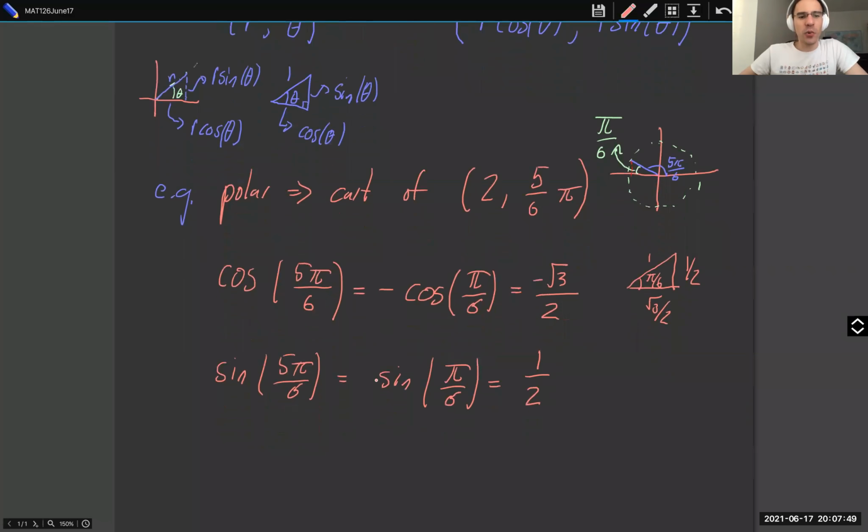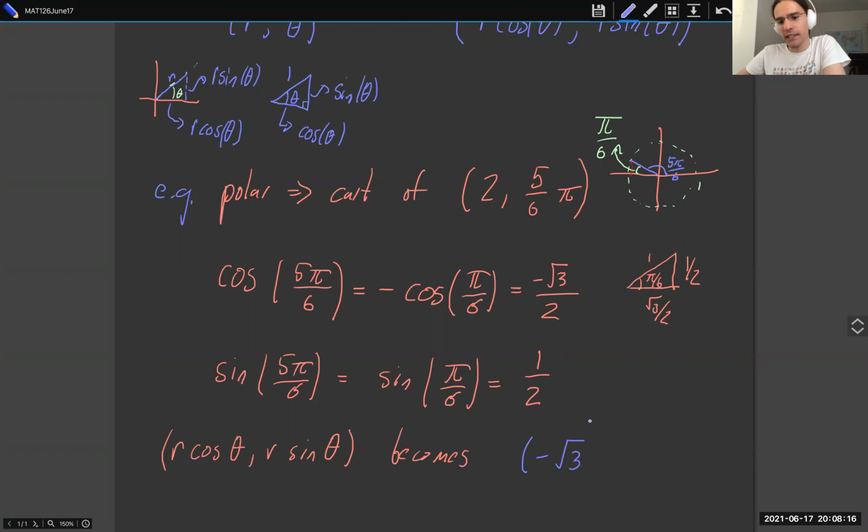Okay, so r cos theta, comma r sine theta becomes... now if I look at what my radius is, it's 2. And so what I get is that the coordinates are twice this, which is minus root 3, and then twice this, which is 1.